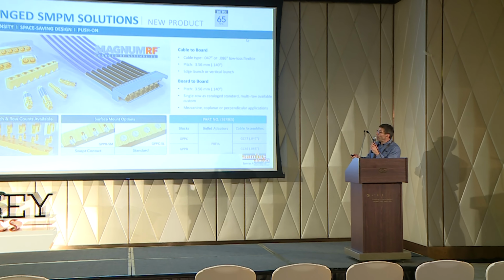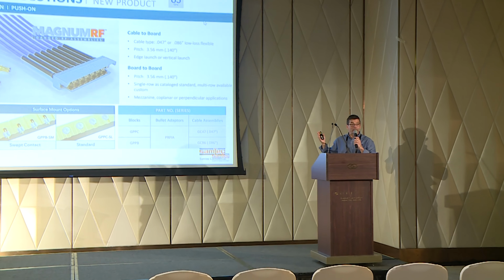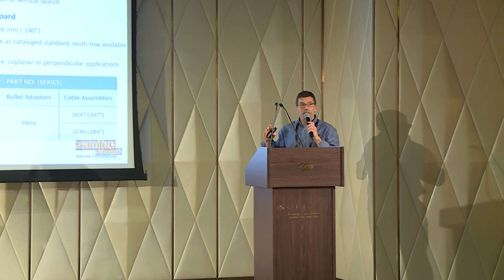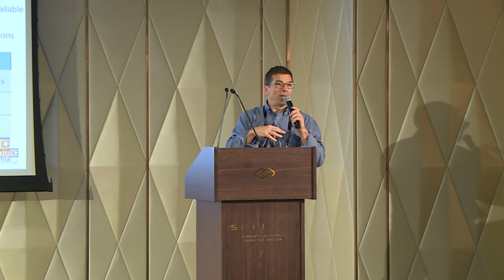And this gives an idea of one of our more recent products, the Magnum ganged RF series, which is great in applications of phased array antenna and quantum computing, where essentially you've got a board mount, either vertical, right angle, or edge mount SMPM gang system going out to cable.